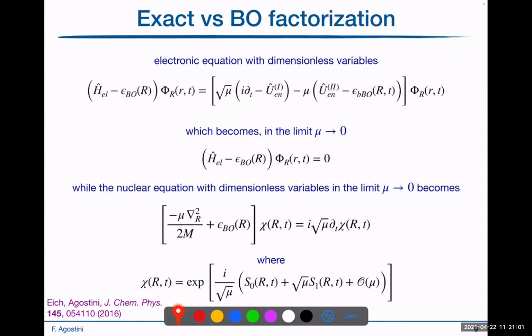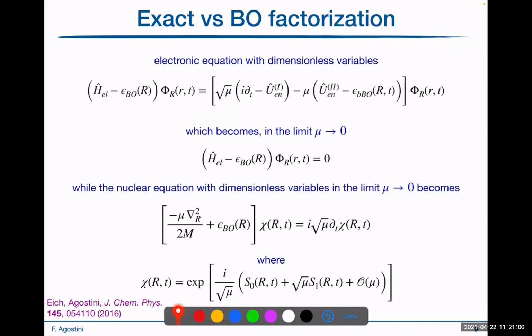And if we accept that the Born-Oppenheimer limit is the limit of infinite nuclear masses, so it's the limit that mu goes to 0, then this term here on the right-hand side completely disappears in the Born-Oppenheimer limit, and we are left only with this left-hand side term, which I report here, which is basically static. So again, as in Born-Oppenheimer, it is a static eigenvalue problem associated to the electronic Hamiltonian.